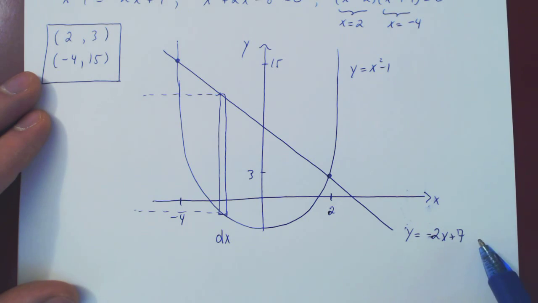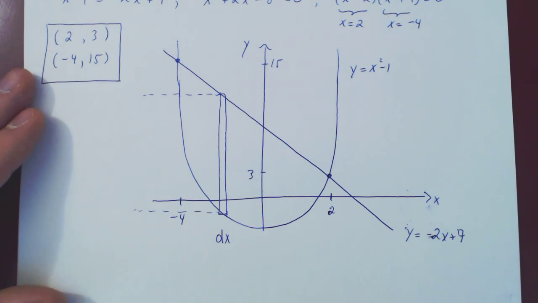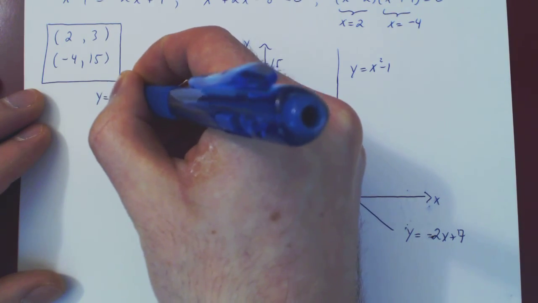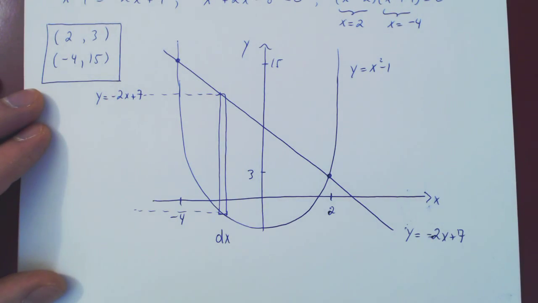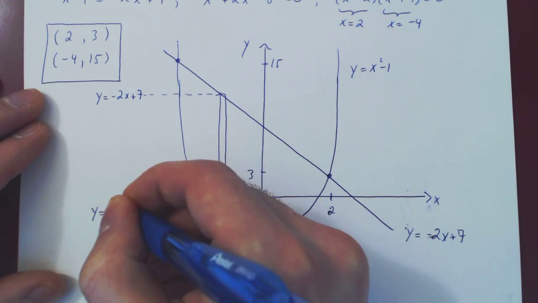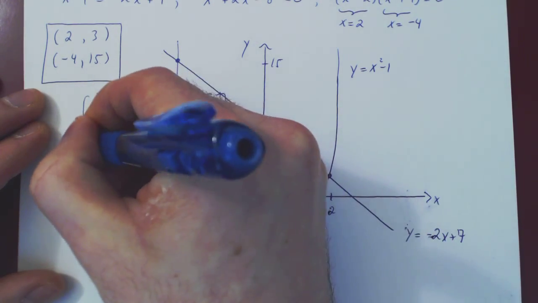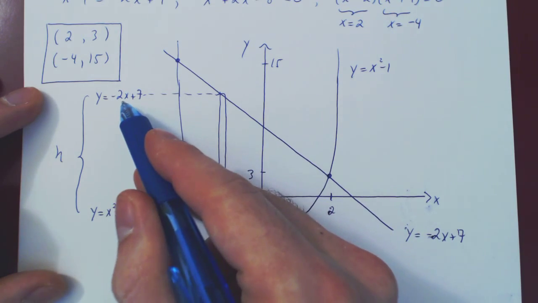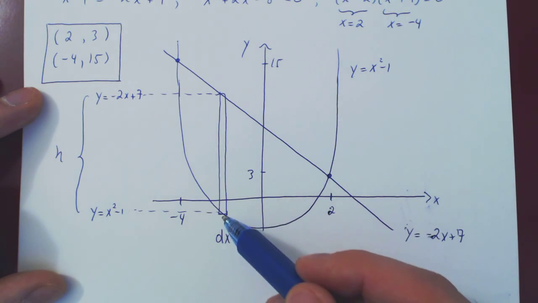Y is negative 2x plus 7, and the smaller y value here, which is x squared minus 1. And so the height is of course the larger y value minus the smaller y value.